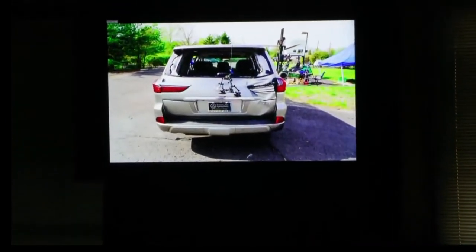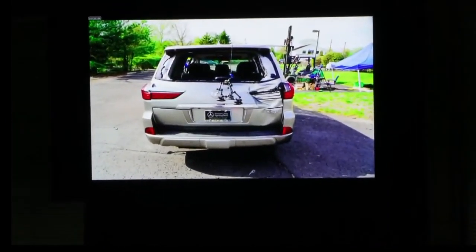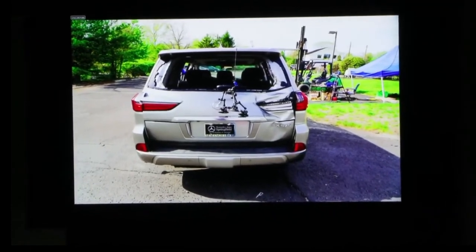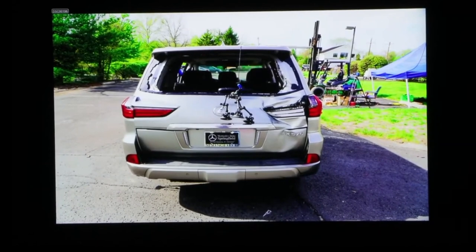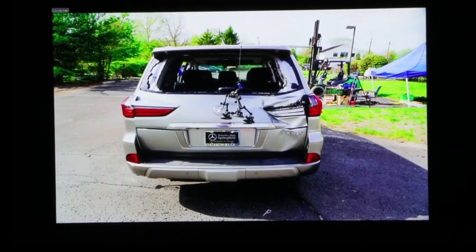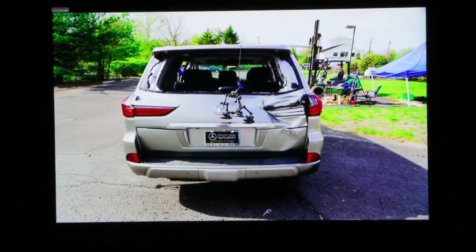Is this the photograph that we were just talking about? Yes, and this is the condition of the vehicle after that rearward impact with Rescue Randy, correct? Correct. The photographs that you looked at of the subject vehicle, were those consistent or inconsistent with this photograph? Those photographs were inconsistent compared to the test.